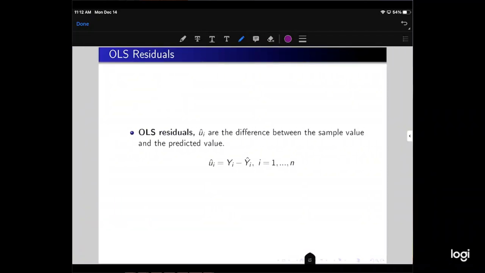OLS residuals. Residuals are just estimates of the errors, and they're called ui hats. They're the difference between the sample values and the predicted values.